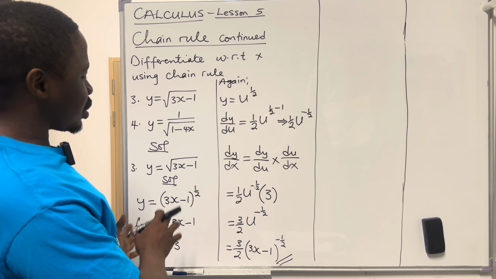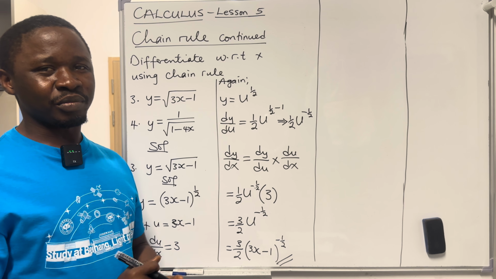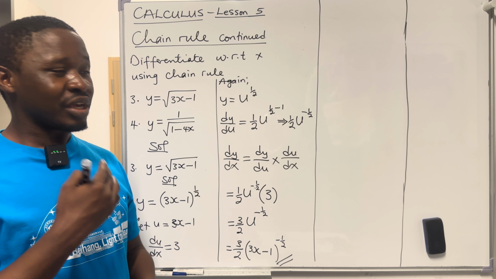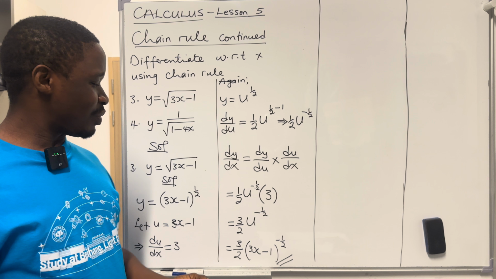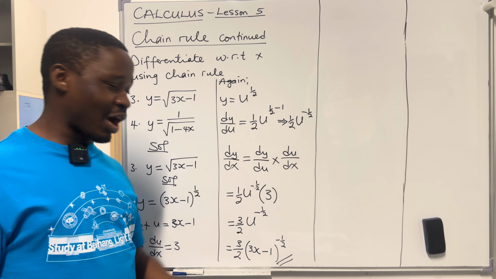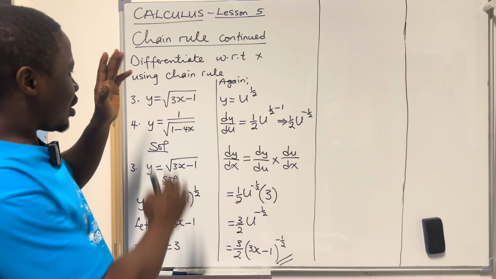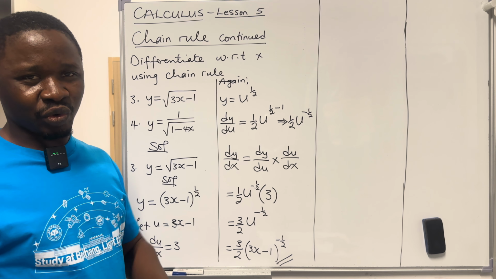If the question doesn't say anything like leaving your answer in surd form, radical form, root form, or exponential form, or in positive powers or whatsoever condition, just that you are to differentiate, you leave it this way, it is correct.